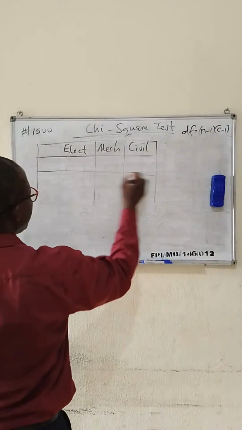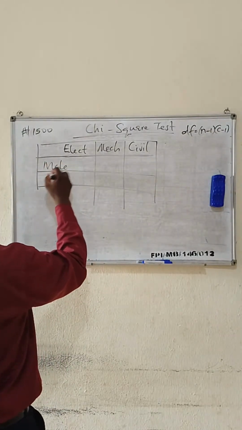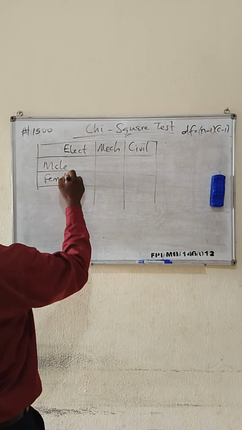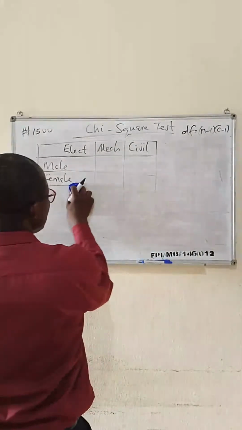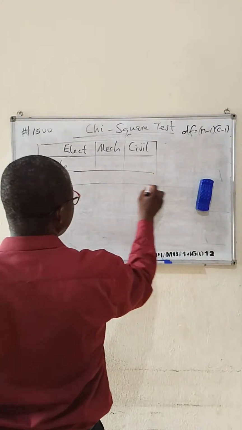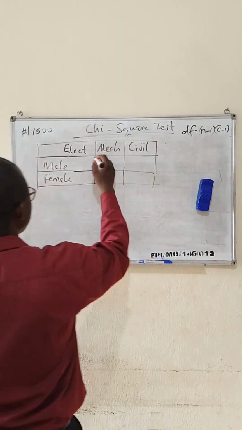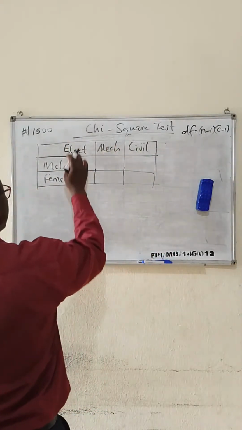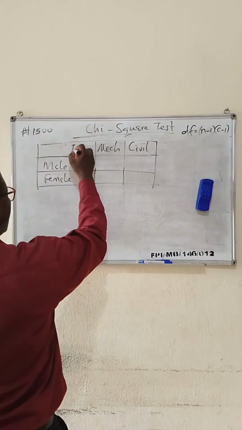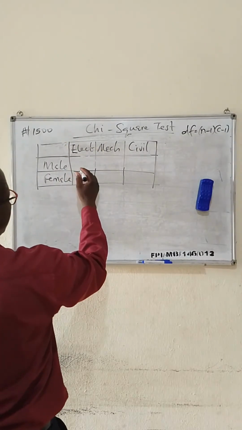So let's have it this way. We have male, we have female. Does sex have anything to do with student choice of course of study in engineering? This is also a hypothetical case I'm bringing up. The number of people in each department is given here.